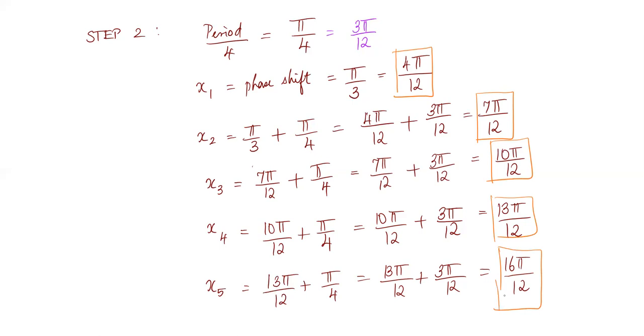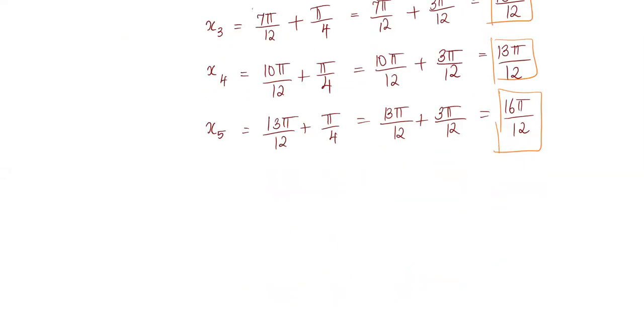So what is the common width? How are they jumping? The numerator is jumping by 3, right? 4 plus 3, 7, 7 plus 3, 10, 10 plus 3, 13, 13 plus 3, 16. You see that uniform equal width from one point to the other, you know you got it right. Now it's time to go for step 3. Because it's kind of a long expression, give more room to calculate in step 3.